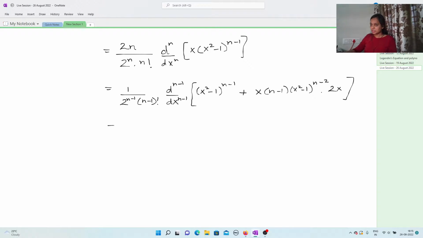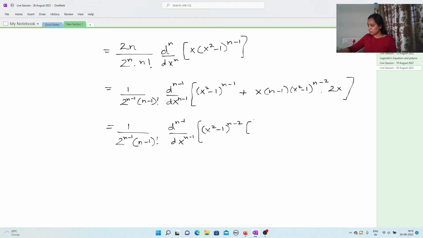Okay, so what can we write this as? 1 over 2 to the power n minus 1 into (n minus 1) factorial, d to the power n minus 1 over dx to the power n minus 1, and this will become, you can take (x square minus 1) to the power n minus 2 as common.